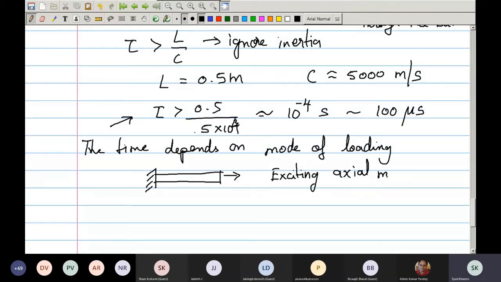But if I apply a load transversely, now you will not call it a bar, we will call it a beam, and here we are exciting transverse or bending modes.